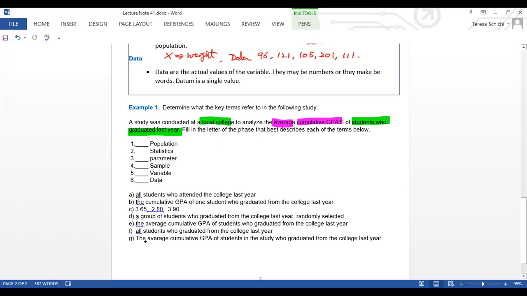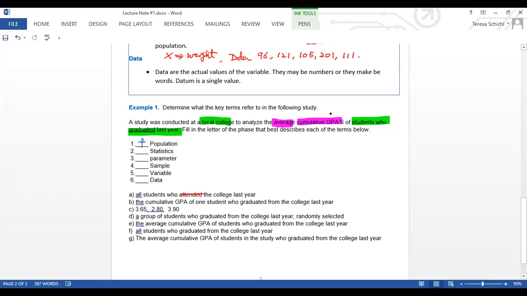So what is the answer here? It will be F, right? It's all the students who graduated from the college last year. So part A is not right. Part A is all the students who attended the college. No, it's not those who attended the college; we are interested in those who graduated.